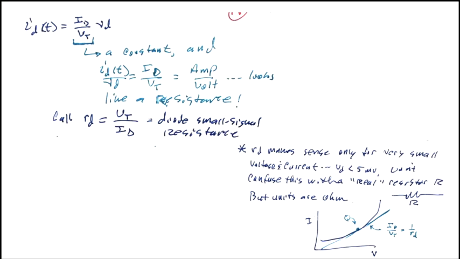It's not a resistance the way you're used to a resistor. It's a resistance from the viewpoint of a small signal, right? From the viewpoint of this little Vd of t and little Id of t, this is a resistance. By Ohm's law, that's a resistance.